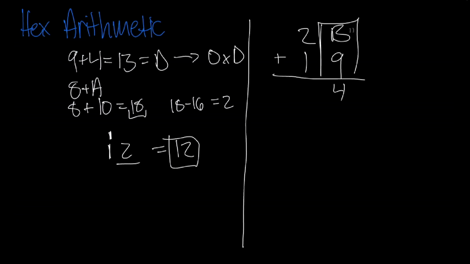So we're going to drop 4 down here, and then carry 1, because we only went over once. Moving on to the next column, all we're doing is 2 plus 1 plus that 1 carry. And our result here is 4. So our result of 2B plus 19 is 44, represented as hex, or you can also write 16 to show we're in base 16.